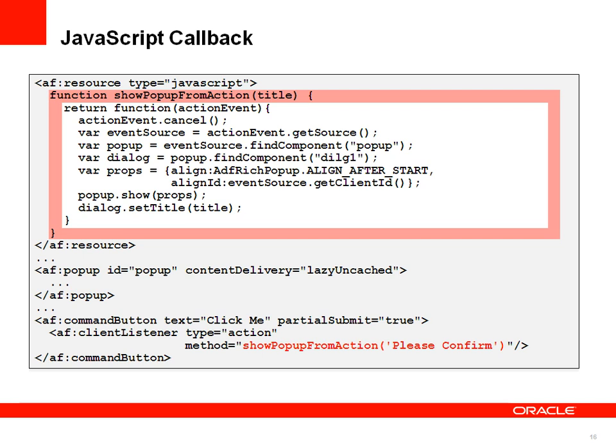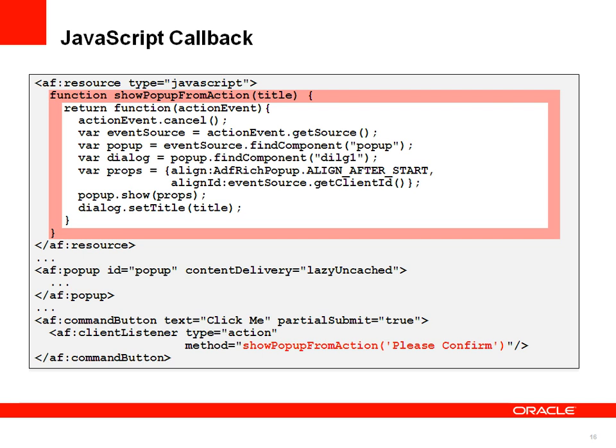So I'm defining a contract between the user of a JavaScript library and the JavaScript function itself. In this example, I just defined a function which will expect a title input, and the title would be put on top of a dialog. So in this case, I use a JavaScript callback in which the JavaScript event handling function is within the return of the function that we call from the client listener method.